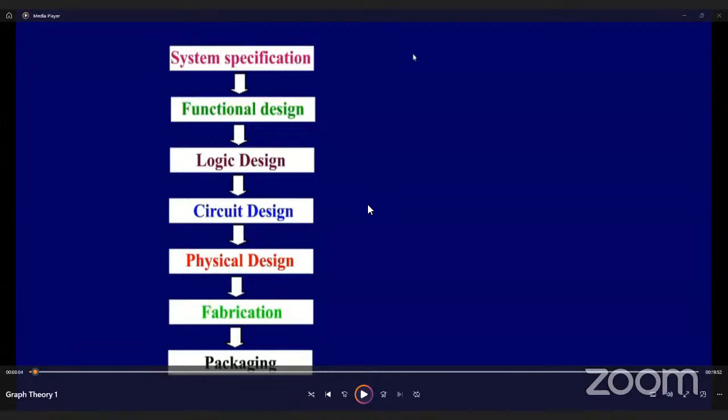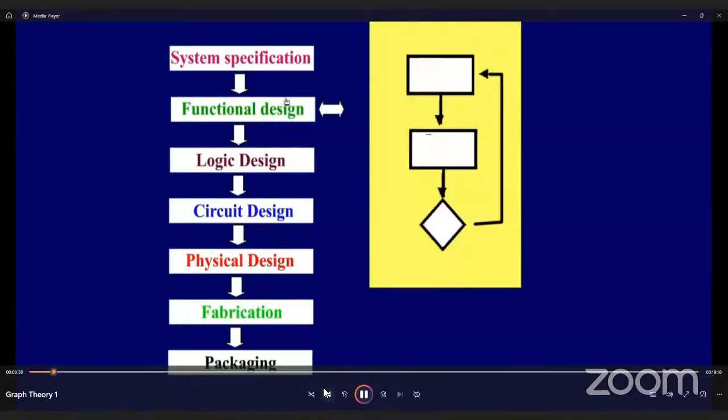And so first, what we need is the system specification. What kind of function the system needs, what kind of input and output it is going to produce, and what the limitations are. So that's the system specification. And then the functional design.